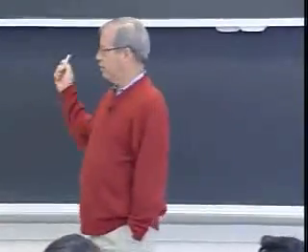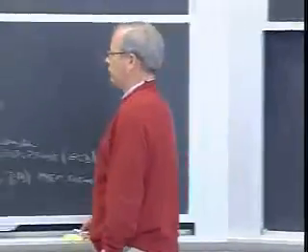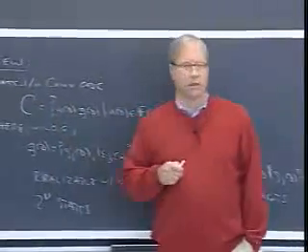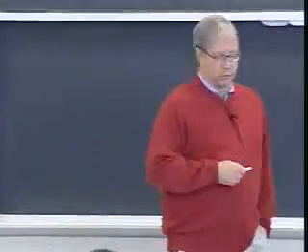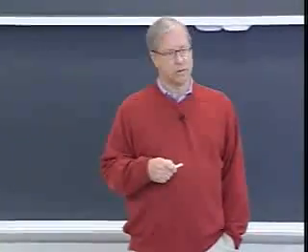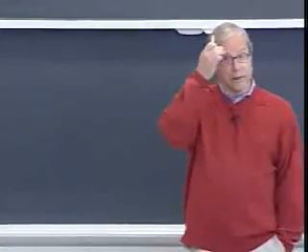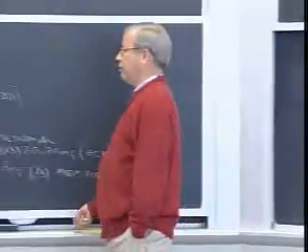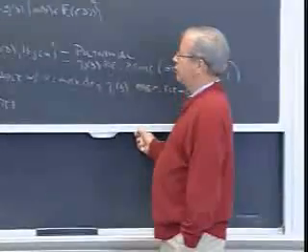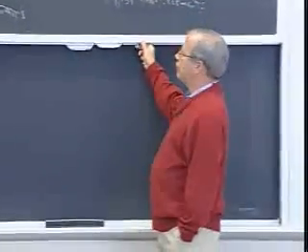In other words, there are lots of different encoders that generate this code, but you can't possibly encode it with a state space of dimension less than nu. All right, that's the way it's going to sound in Chapter 10. So we haven't quite got there yet, but it's a minimal encoder in that sense.